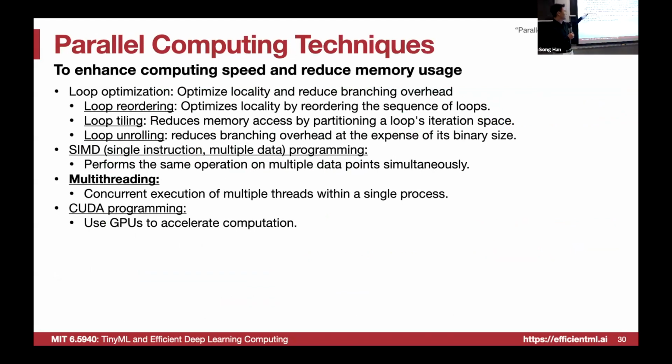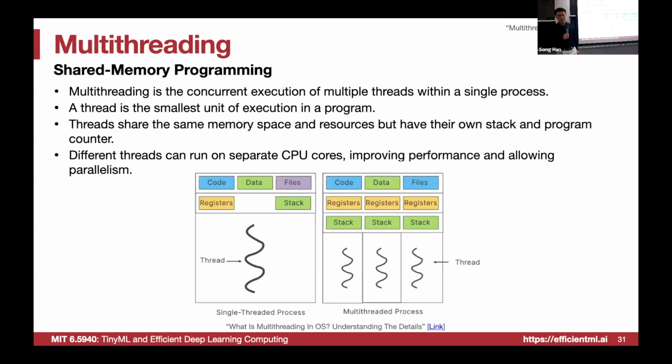Okay, so let's jump into the next technique, which is multi-threading, concurrent execution of multiple threads within a single process. Let's compare a single thread versus multi-thread. A thread is the smallest unit of execution in a program.